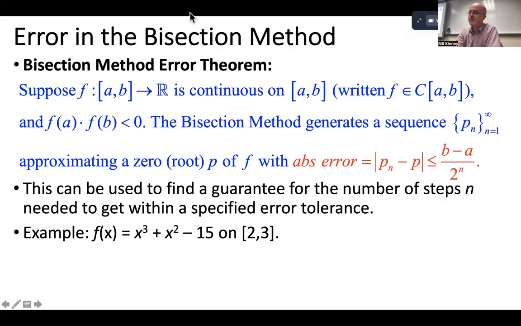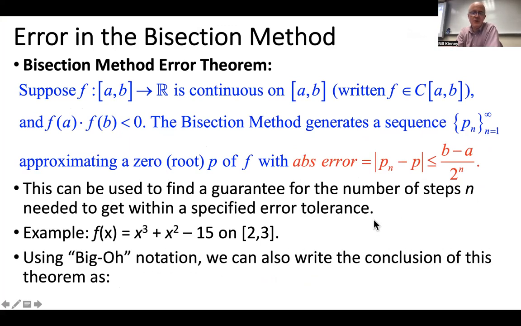You should also be familiar with how to think about this error bound in what's called big O notation in this class. Using big O notation, we can write the conclusion of this theorem, this error bound, in this way: Pn equals P plus big O of 2 to the negative n. Seen this in discrete math before?